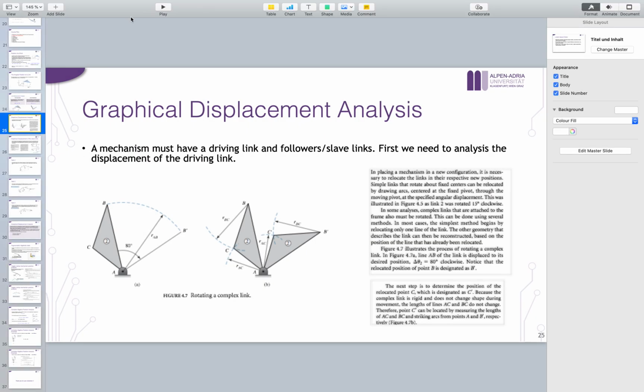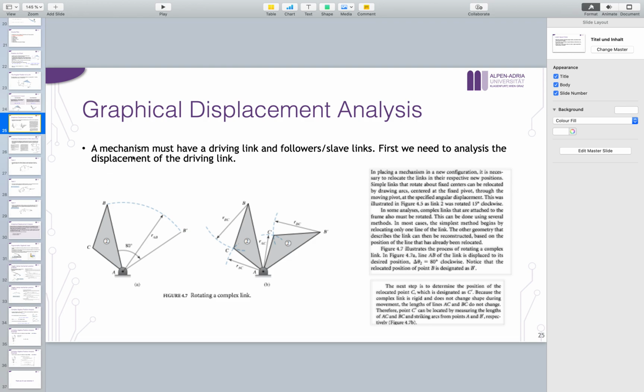If I have a link here, which is the complex link, and I have a point B, and let's say I now do an angular displacement for this link from position B to B prime with 80-degree angular displacement. What is the new position of point B?